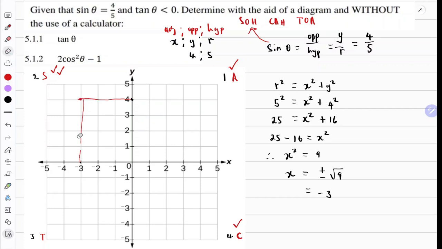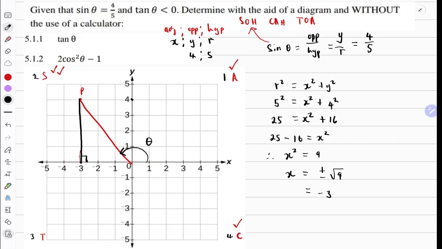Our point is there. So we can draw our point. We can call our point P. So now we can construct our triangle, and we can already establish our angle theta.